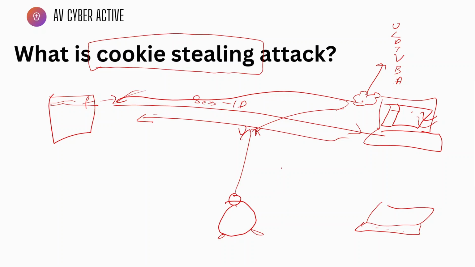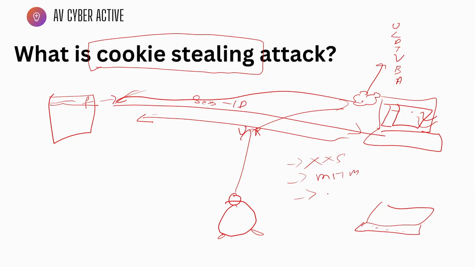Now there are various ways the attacker will try to get this information. It can try to get this information by doing a cross-site scripting attack. Cross-site scripting is a browser-side attack. It can do an MITM, that is a man-in-the-middle attack, where it injects itself into the current traffic and then tries to impersonate.